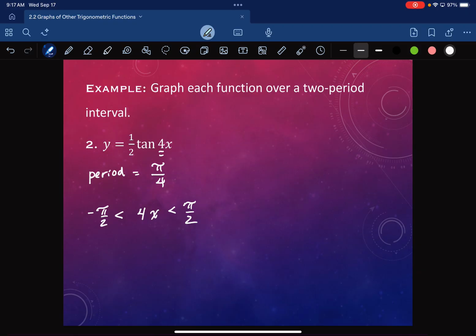Okay, and then we're going to divide by 4. And dividing by 4 is the same as multiplying by 1/4. So this ends up being negative pi over 8 to pi over 8. Okay, is that all right?